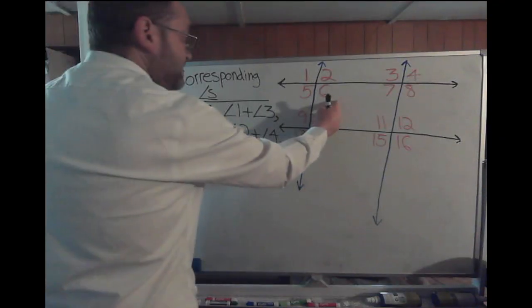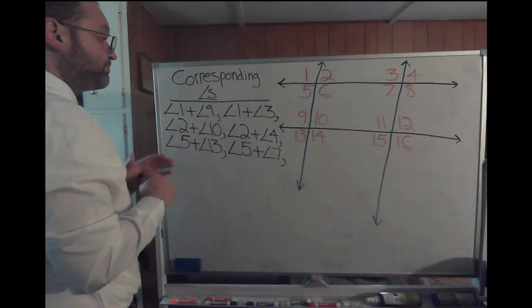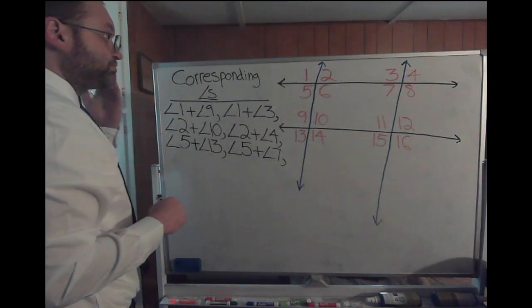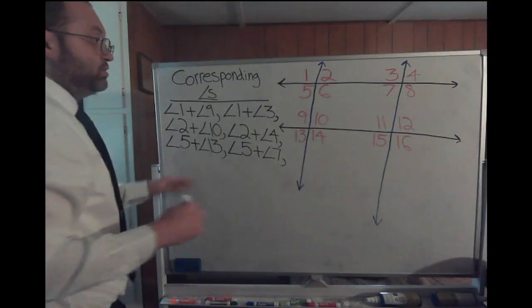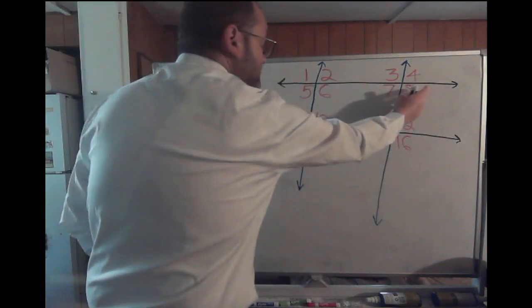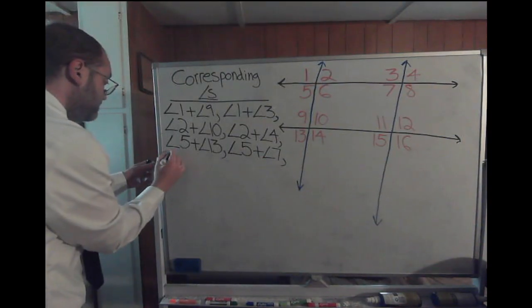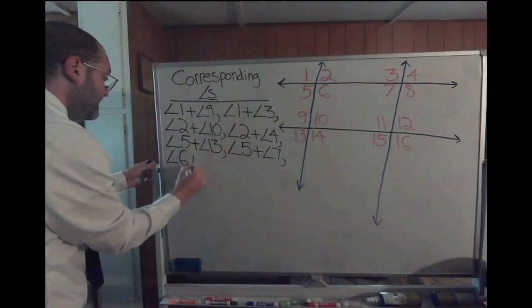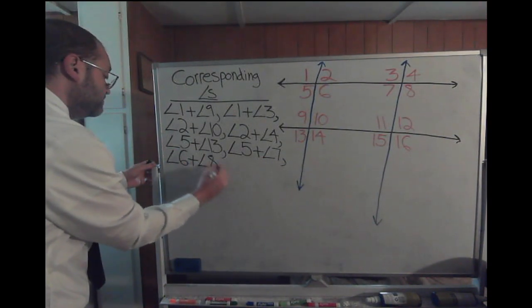Now we have angle 6. We have angle 6 here. It's in the bottom right of this intersection. Angle 8's in the bottom right of that intersection also. So angle 6 and angle 8 are corresponding angles.